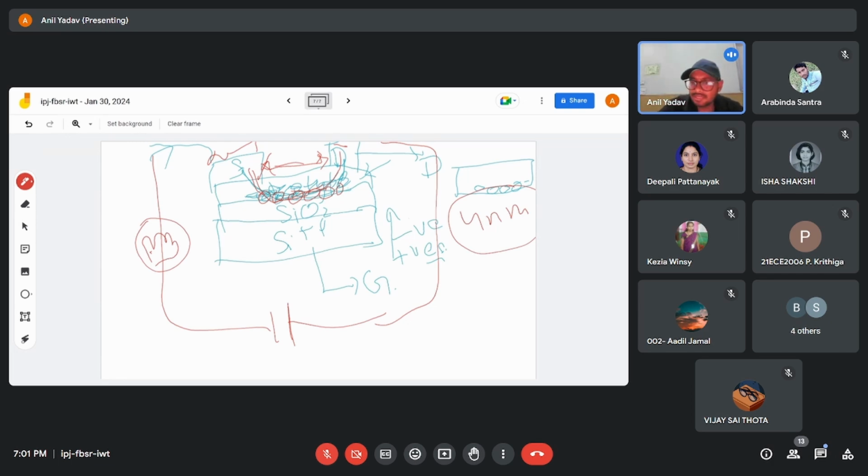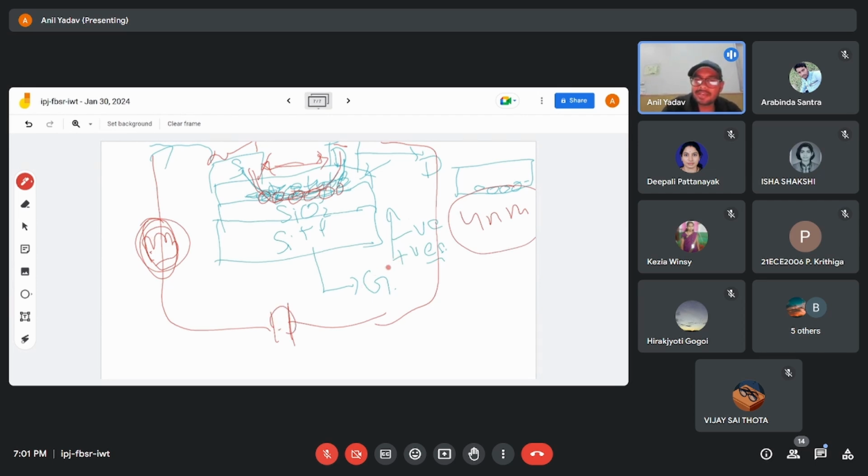So this can act as a switch in the TFT panel, in your screen. You can think of this as an LED connected with your battery.